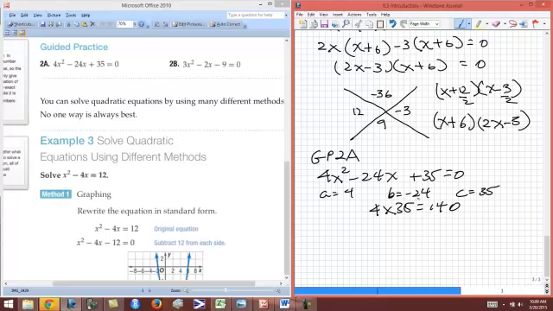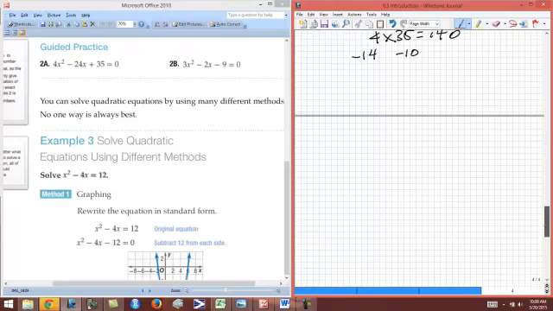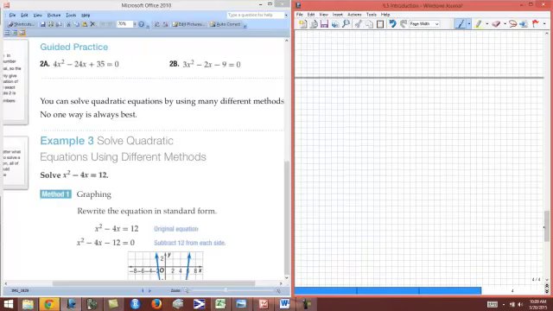And the middle coefficient is negative 24, so they both have to be negative. So right away you can see it's going to be negative 14 and negative 10. And so you can proceed to factor it, but you don't need to use the quadratic formula. That's the point. So that's your first course of action. Don't use the quadratic formula, you don't need it.